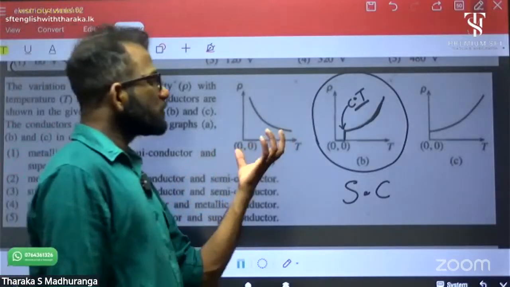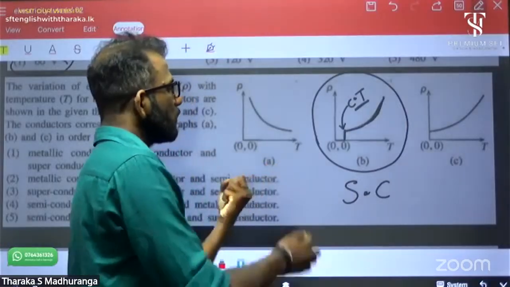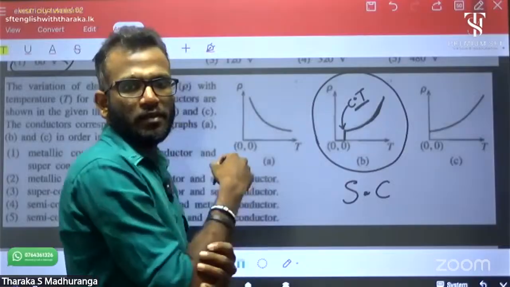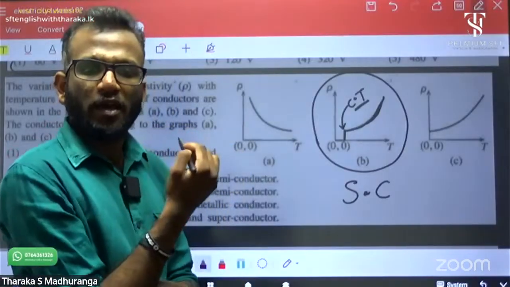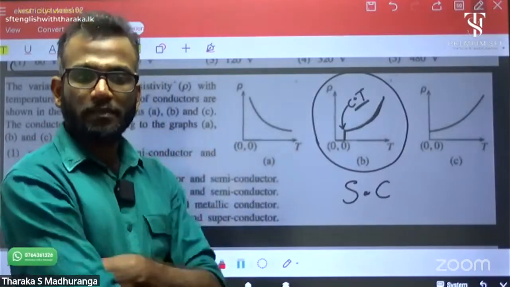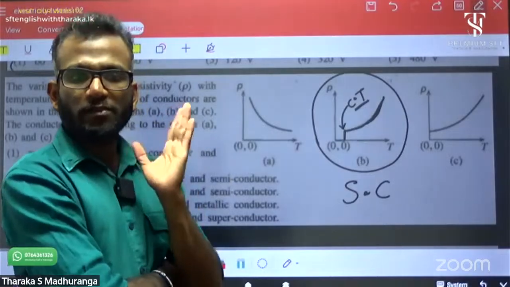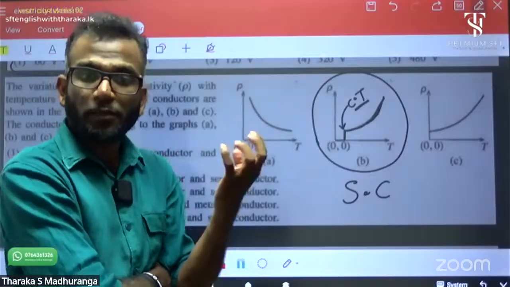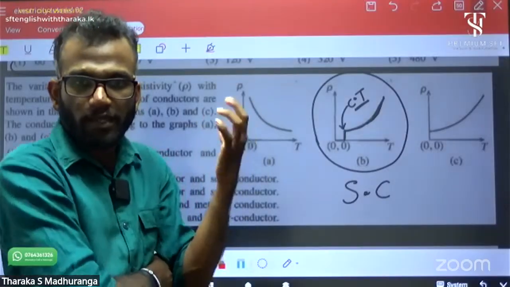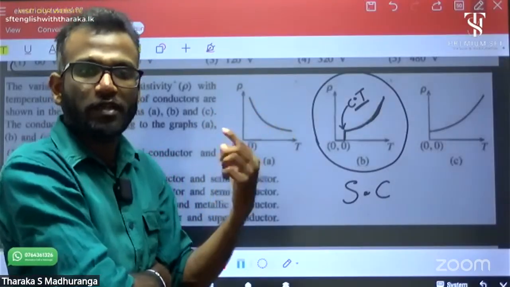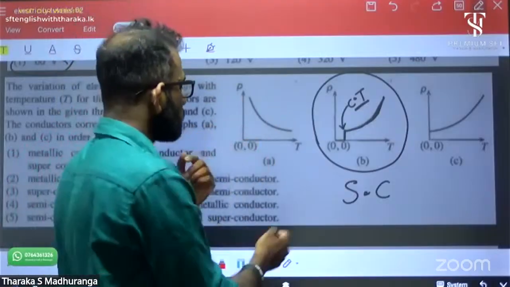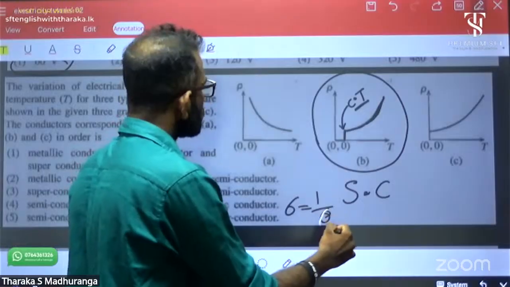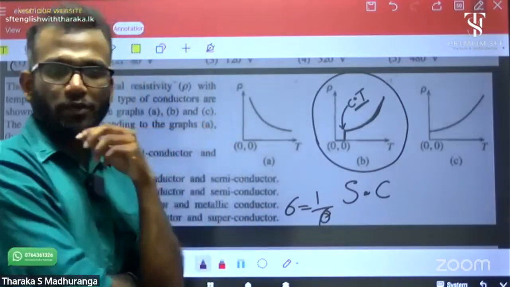Now, what is the first graph? In the first graph, when increasing the temperature, the resistivity is decreasing. Resistivity decreasing means, what happened to the conductivity? The conductivity means the reciprocal of the resistivity, 1 over resistivity.